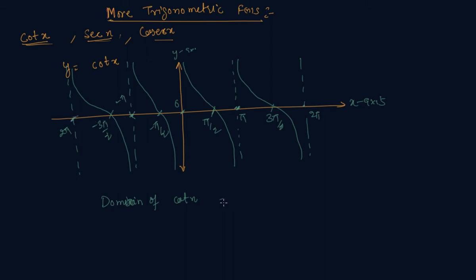So the domain is R minus n pi, where n belongs to integers, and the range of this function is minus infinity to infinity. Range means the values it can take on the y-axis. Students, I hope you are pretty clear about the domain and range of this function.